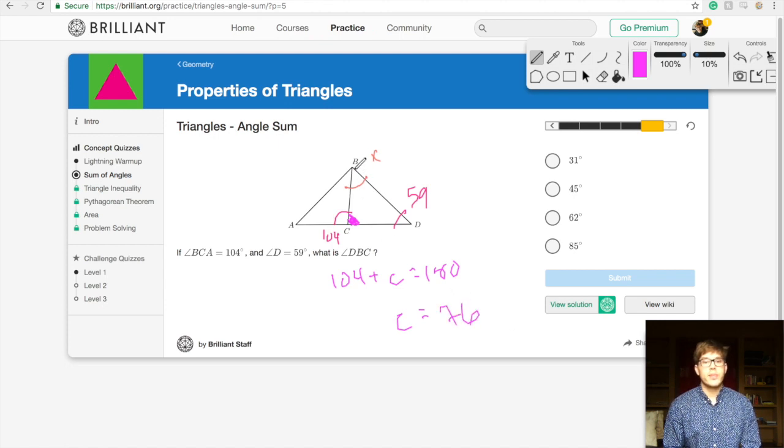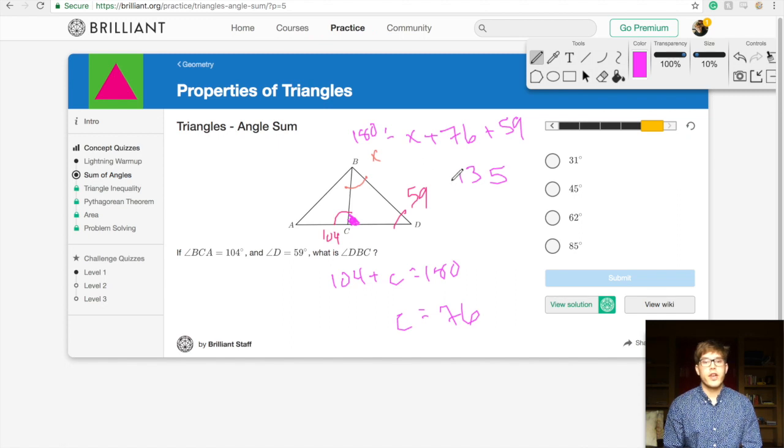And then we have x plus 76 plus 59, and this has to sum to 180. 76 plus 59 is 135.